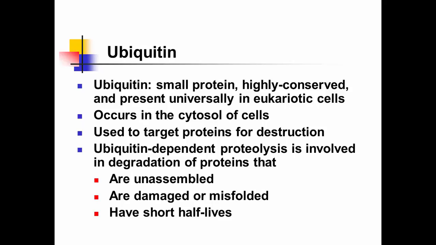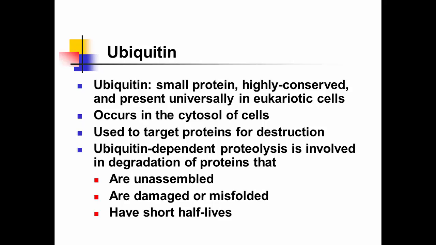And the function of ubiquitin is to target proteins for degradation. Like I said, ubiquitin has to attach to certain damaged or dysfunctional proteins, and then allow proteasome to recognize them and degrade them, right?